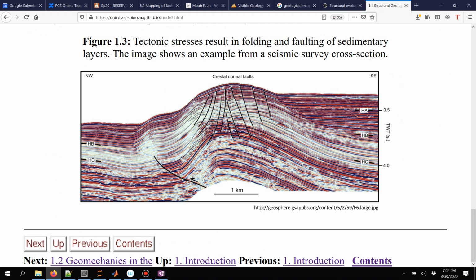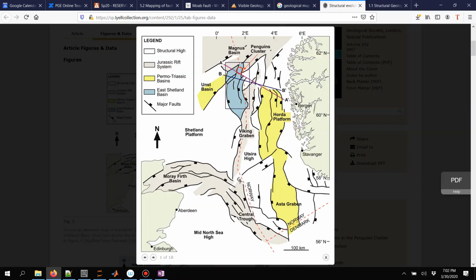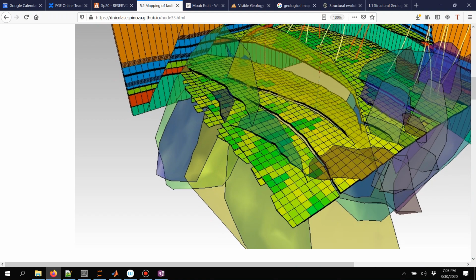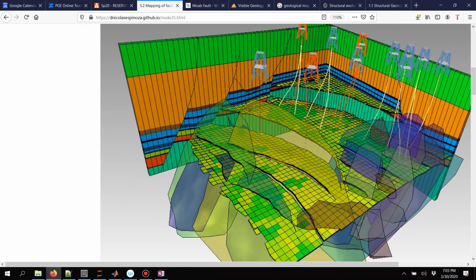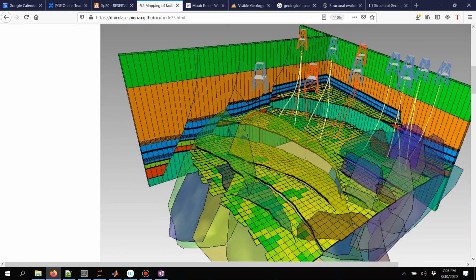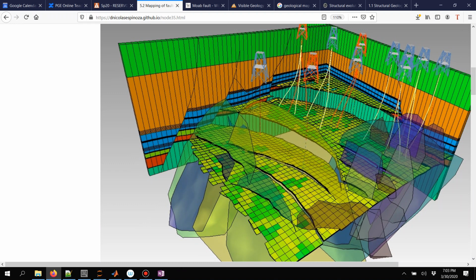Well, we can use these seismic images in order to create a reservoir model like the one that I have here, in this example from the simulator. Here we have our faults, and here we have our fault planes in 3 dimensions together with some injectors and producers.